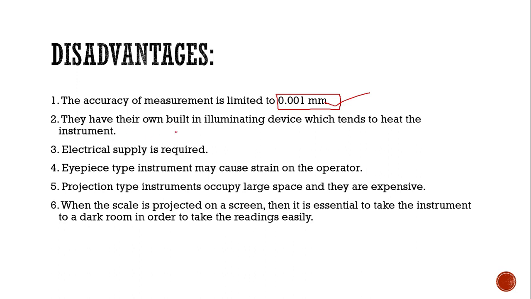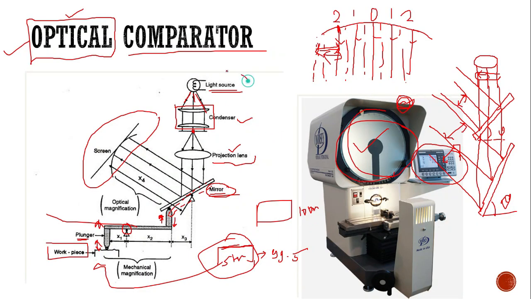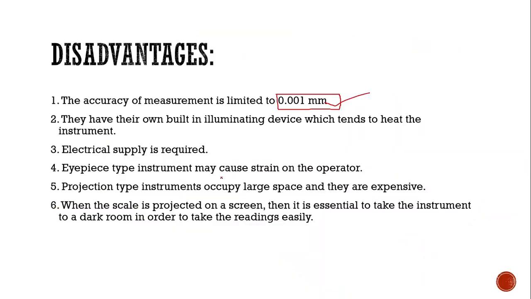Then they have their own built-in illuminating device which tends to heat the instrument. See, in optical instruments, basically we use this light source. Due to this light source, there is the possibility that it will heat the instrument, and obviously, as the light source is required, electric supply is required.